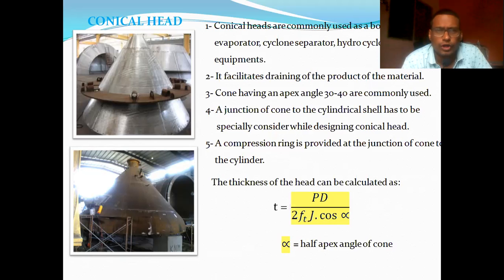As that is the bottom portion, it facilitates the free flow or free movement of the solids to the bottom. Generally, the cone angle is 30 to 40 degrees. And the calculation of thickness is again PD upon 2Fj into 1 upon cos alpha, where alpha is the half apex angle of the cone.